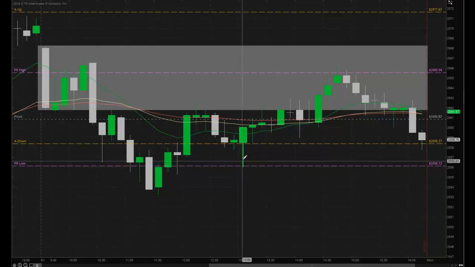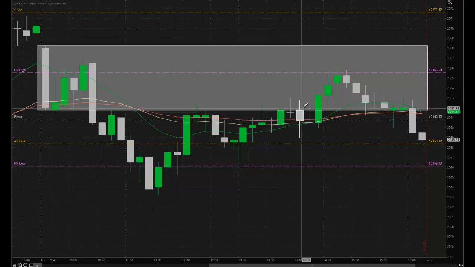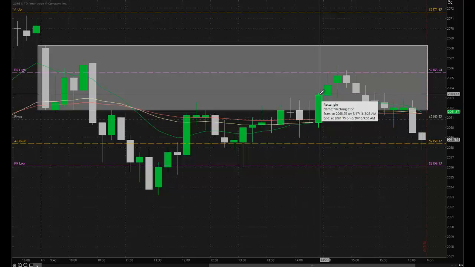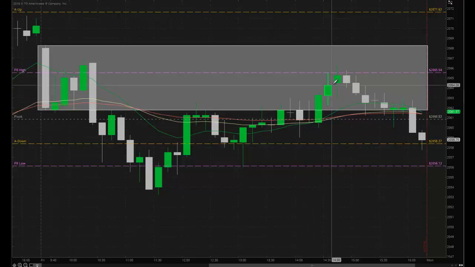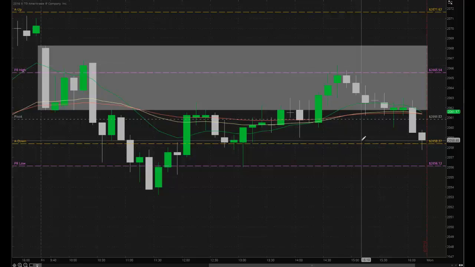Found support here, and you can tell by the wick here. Found support here, and then bounced back up, and then closed the bar back into the opening range here, and then pushed up here. Now, this high up here, if you were paying attention to the afternoon opening range, the A up for the afternoon opening range was 2065.75.